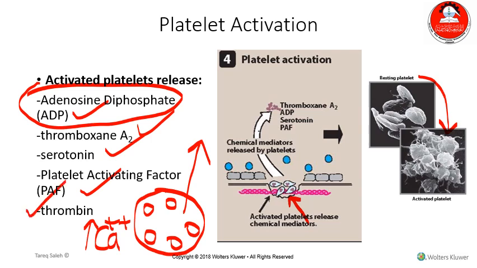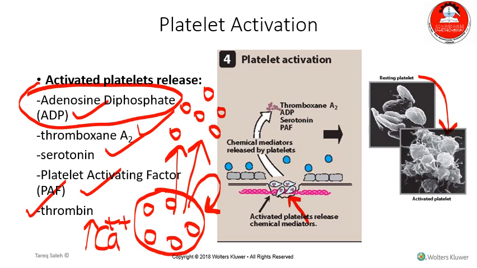The release of these mediators results in the further activation of the platelet that released it, in an autocrine fashion, as well as the activation of other resting platelets that are circulating in the blood nearby the site of injury. So, in other words, the receptors on the surface of the platelets function as sensors.